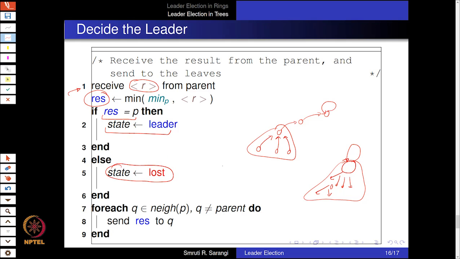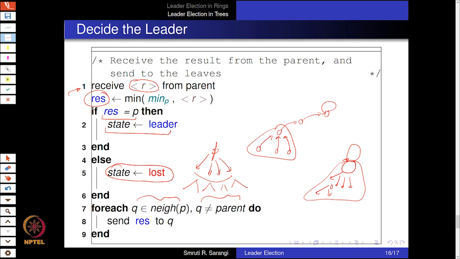Fair enough? And then what every node will do is, let's say every node P will send the message that it got from its parent regarding the global minimum to each of its children, right? And it will of course not send it to its parent, right? Q not equal to parent, Q is an element of neighbor, which makes Q a child of P. So it will send it to each of its children, and they will again propagate the message downwards.